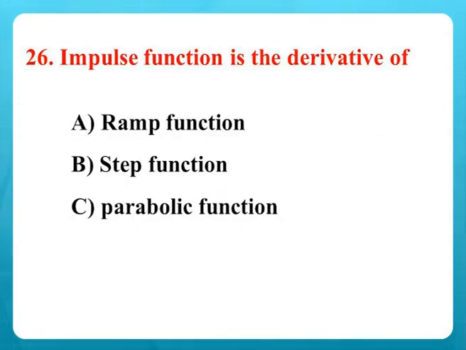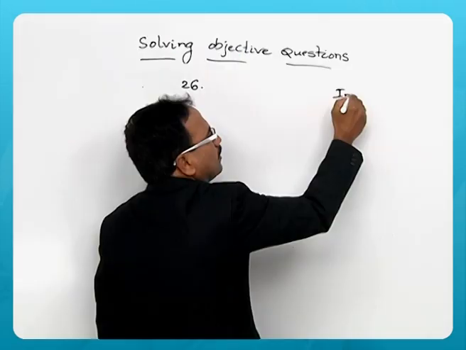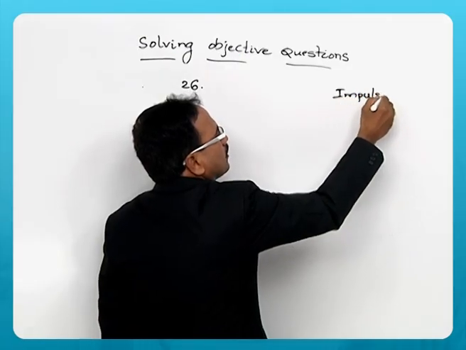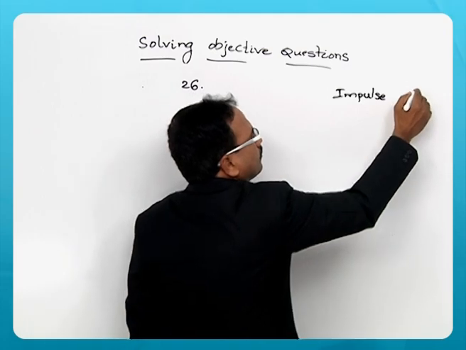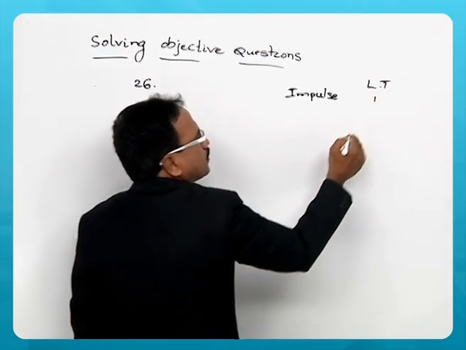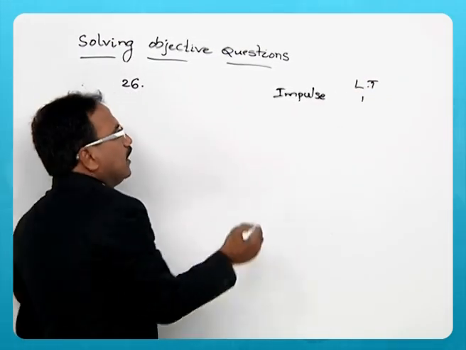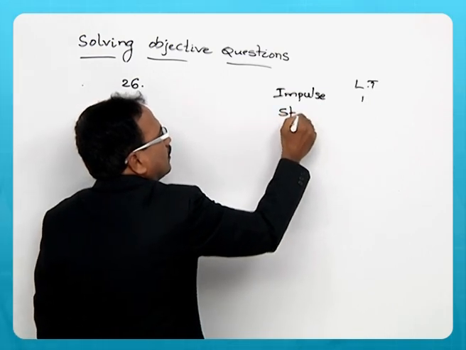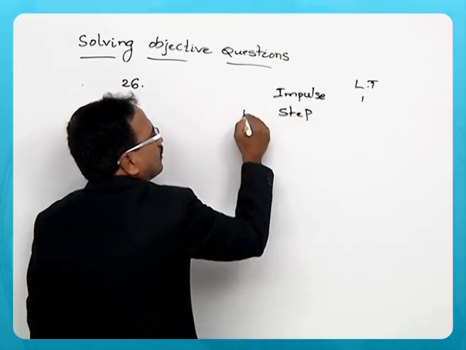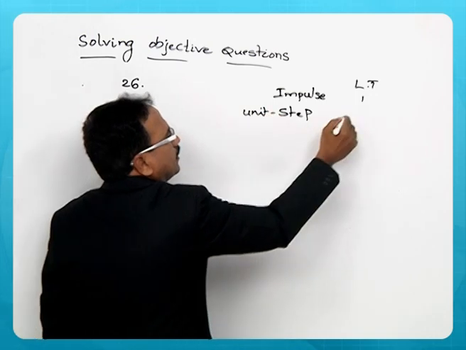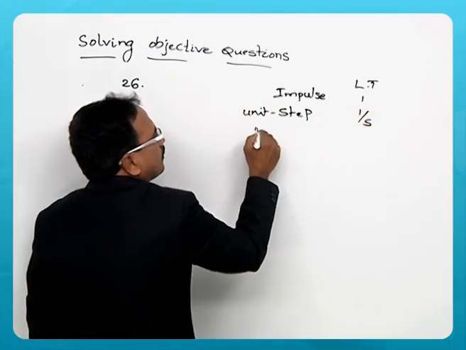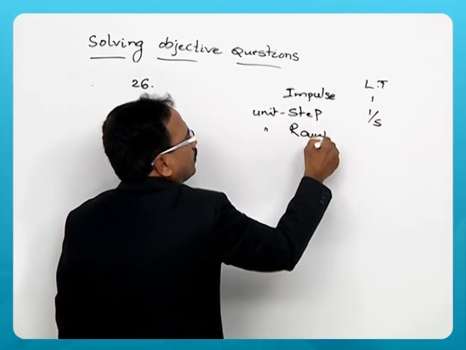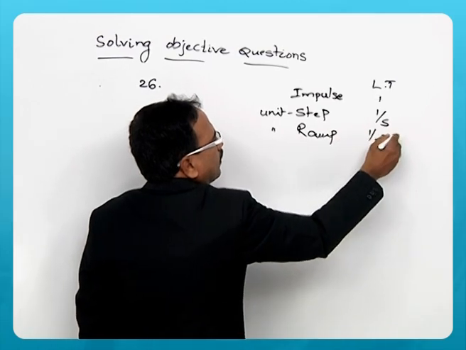Now there is a definite relation that exists between all the four signals. It was given in the previous class that there is an impulse whose Laplace transform is 1, and the step signal, if it is unit step, it is 1 by S. If it is unit ramp, then 1 by S square.